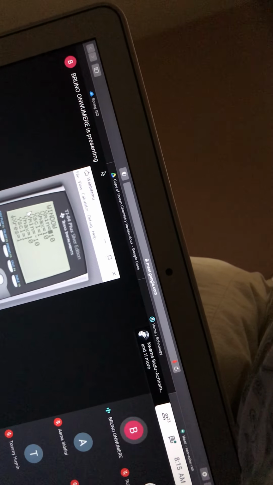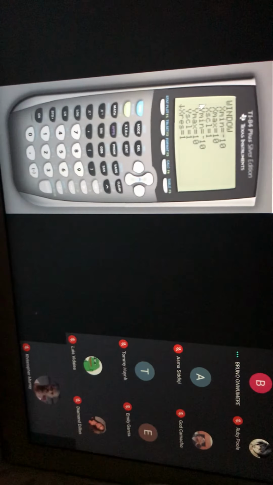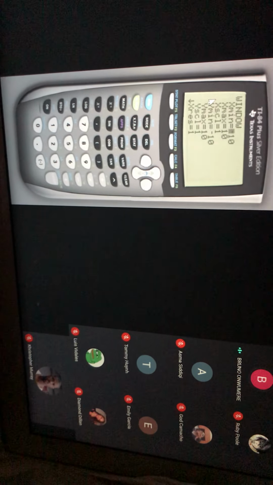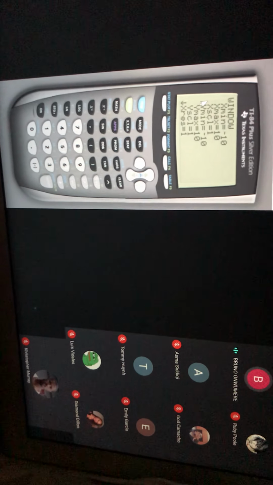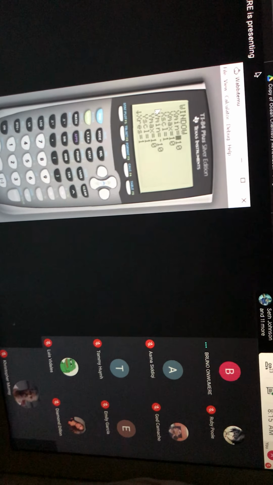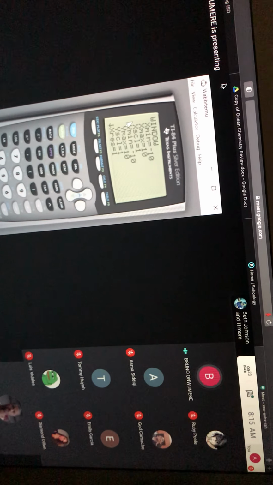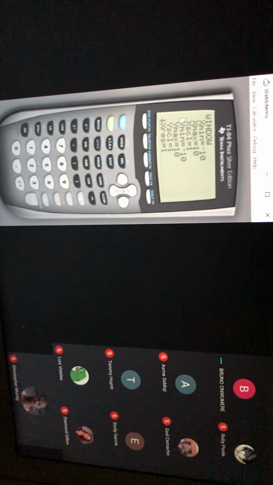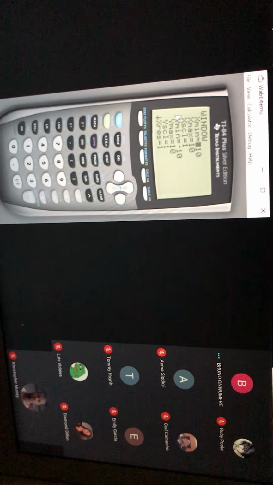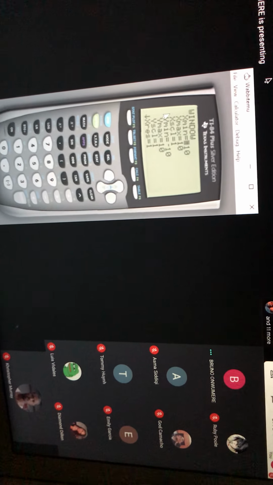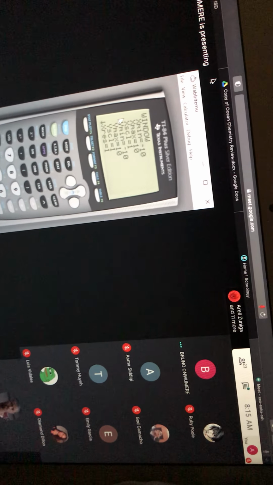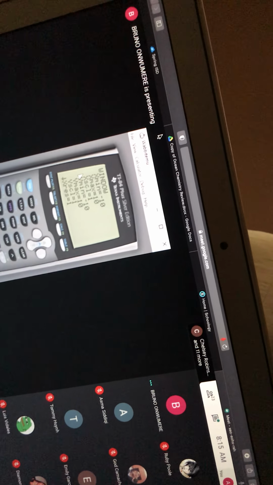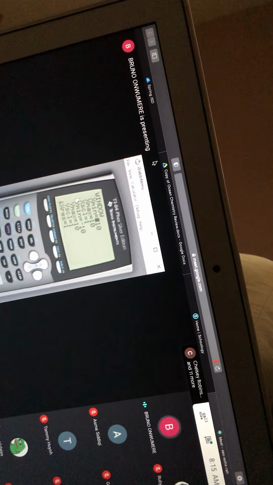What is the lowest x you want to put in? Since this is not going to reach the ground, put in 0. What's the maximum? Put in 50. Now the increase in x. We're talking about x.